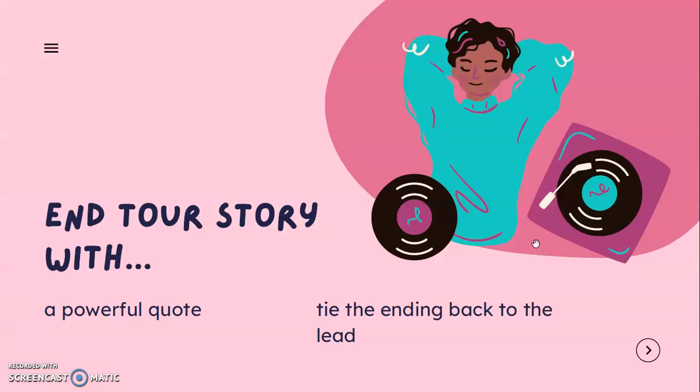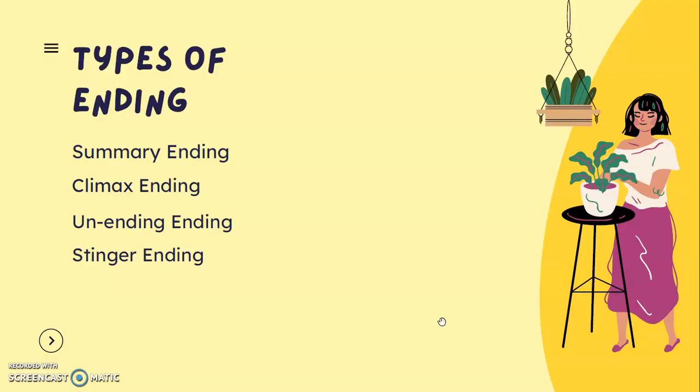So how do we end a feature story? Here are some tips. You may end your story with a powerful quote, or you can end it by tying the ending back to the lead. In other words, go back to the idea you presented in your lead and mention it again in your ending.